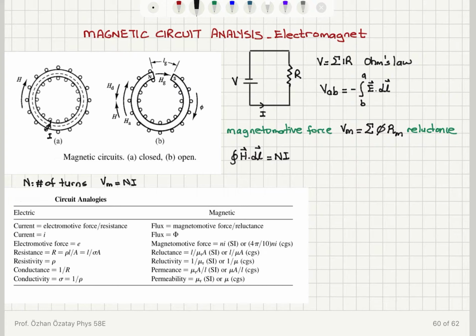H and B are related, so we can write H as B divided by mu.